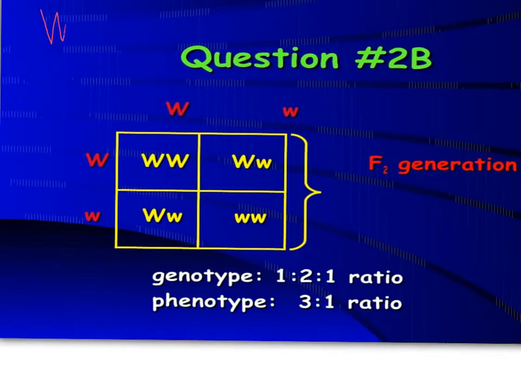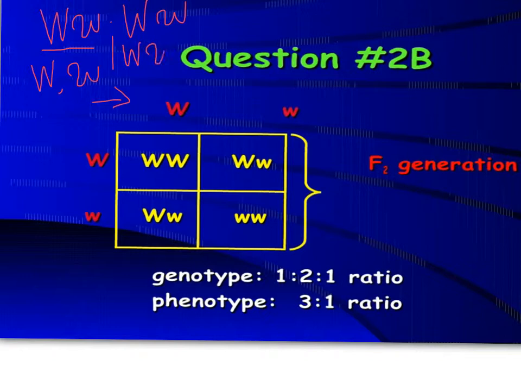So we took our big W, little w, and crossed that with a big W, little w. Our gametes from the first parent would be a big W or a little w, and we're placing those on our Punnett square. Then with the other parent, we have a big W and a little w, and we place those on our Punnett square as well.